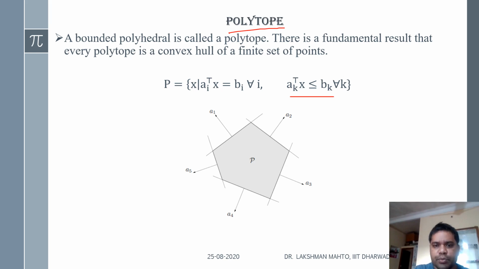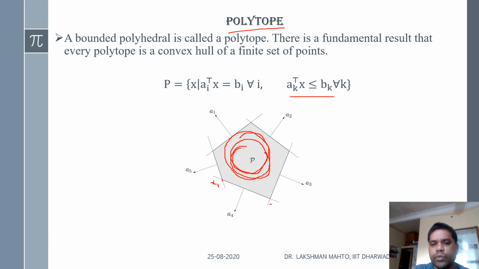Here I have taken an example. Suppose you have this inequality. With the help of these inequalities, after intersecting all these half spaces, you get this bounded polyhedral. Since it is bounded, we can name it a polytope. Now let us look from another perspective, as a convex hull of a finite number of points.